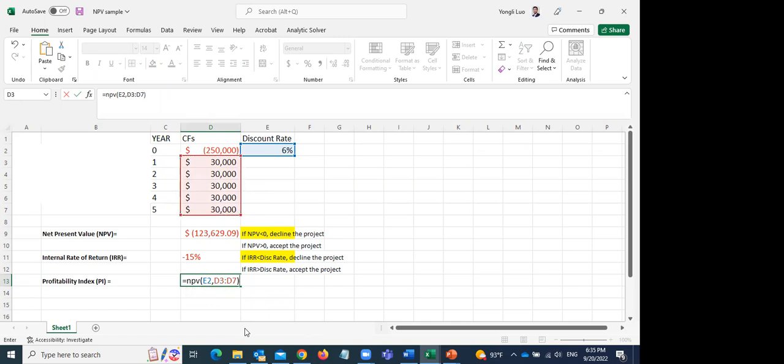Then you divide it by the negative of the initial investment. So if you know net present value, basically you know profitability index. They are the same thing, but it's just a different way to show you how to decline a project or accept a project.